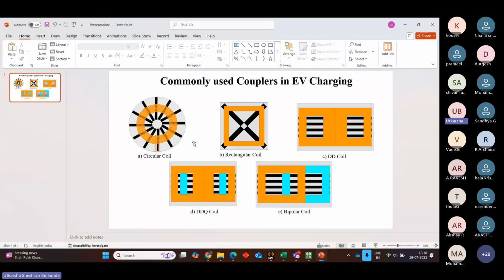So that's why instead of using this spiral structure, what we will do is what we have done in the transformer. There we used a solid block as our coil. Instead of the wound structure, we use a solid block. So we will not use the spiral structure. Mostly we will make our coils in solid structure only.